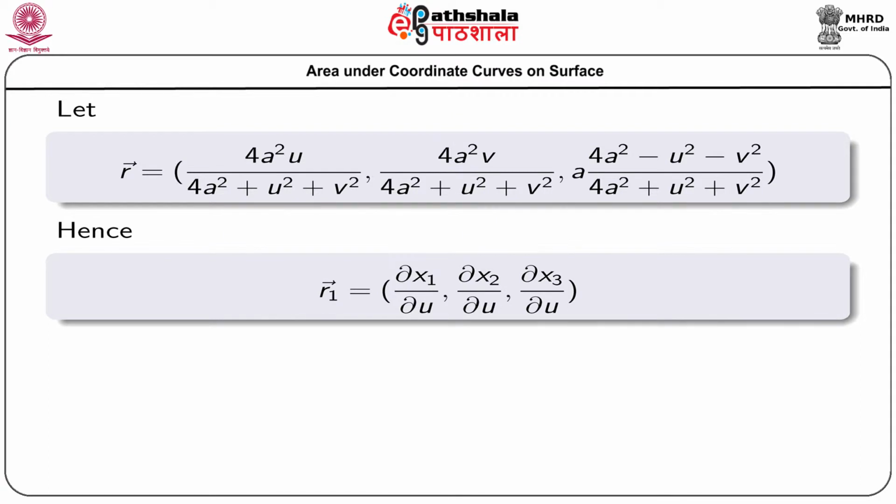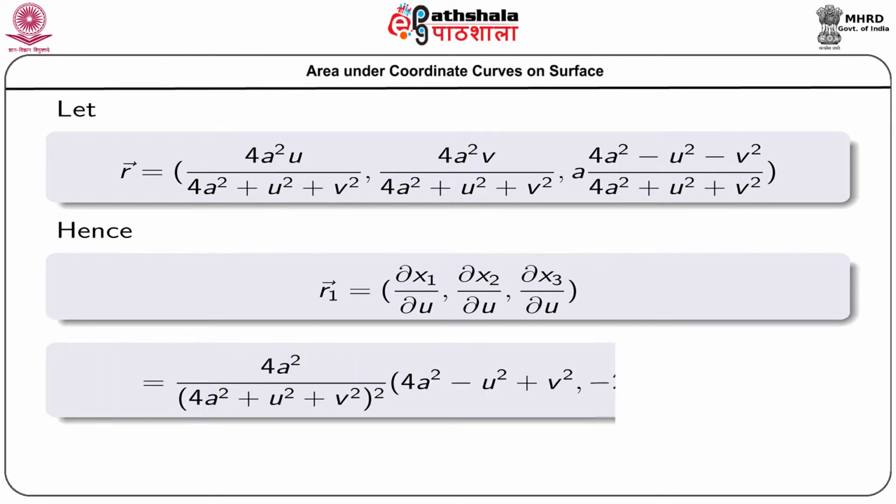So, R1, or we can write this one as Ru also, that means we are taking the partial derivatives of x1, x2, x3 with respect to u, and we are getting this expression: 4a square by (4a square plus u square plus v square) whole square is coming out, and the other components are 4a square minus u square plus v square, minus 2uv and minus 4au.